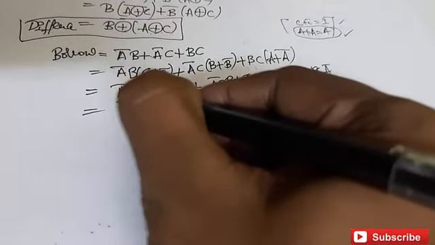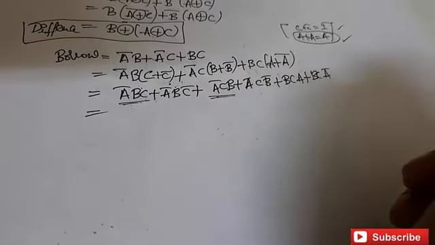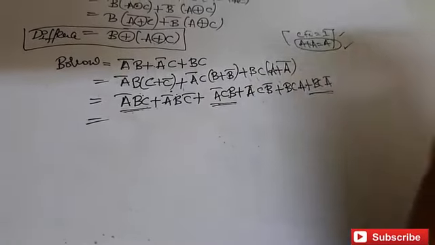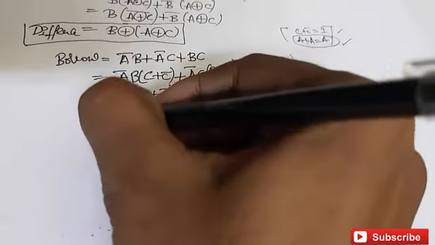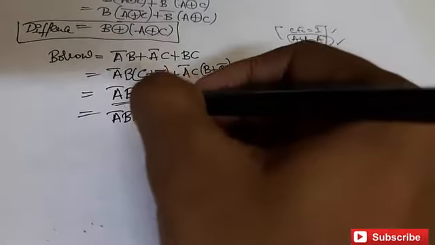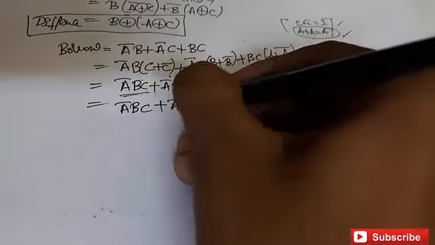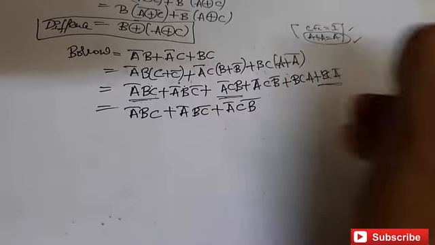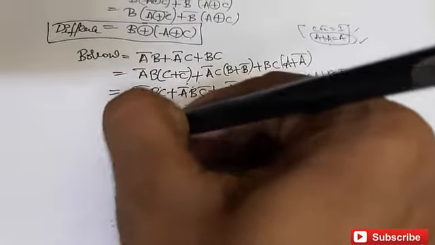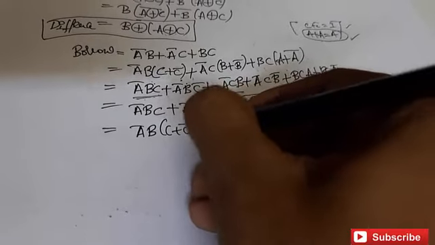Here you can observe A bar B C appearing repeatedly. Apply the rule A plus A is equal to A. That means you will get A bar B C. Next, A bar B C bar plus A bar C B bar plus A B C. If you take A bar B common, you get C plus C bar.